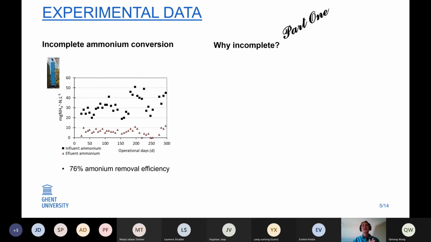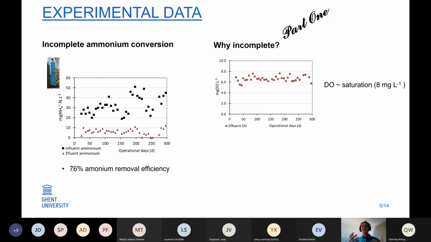And then we started to question ourselves: why have we observed such an incomplete ammonia conversion? This comes to a story with 2 main parts. First, we questioned if DO, dissolved oxygen, was limiting the ammonia conversion in the system.